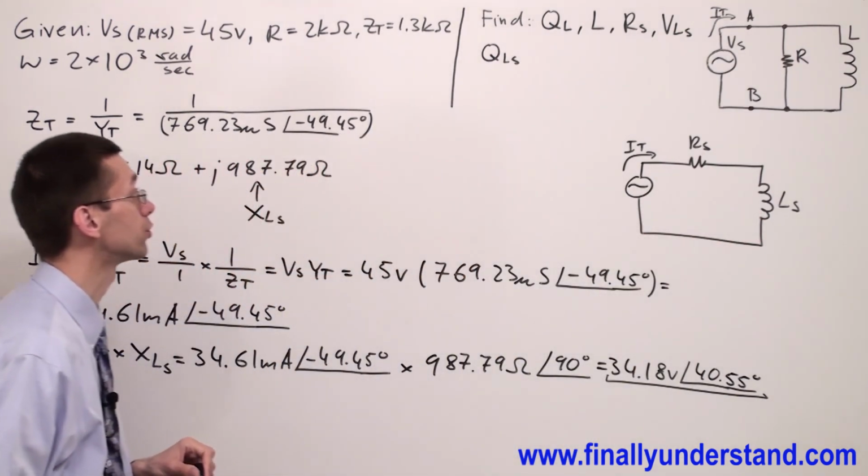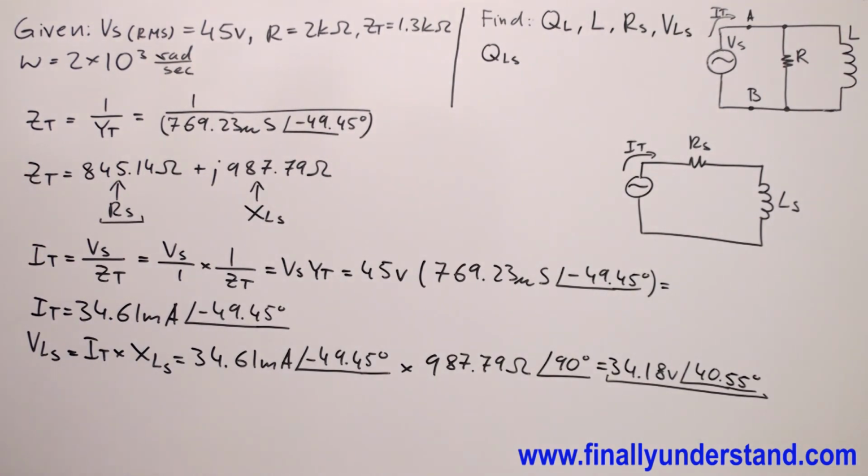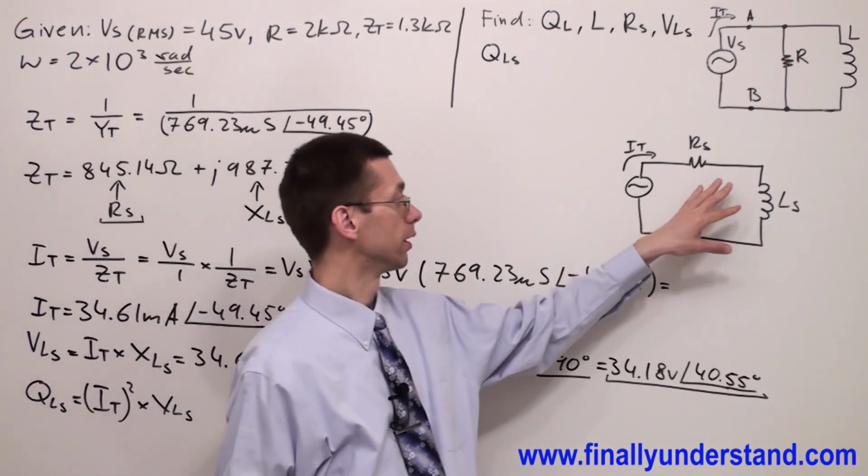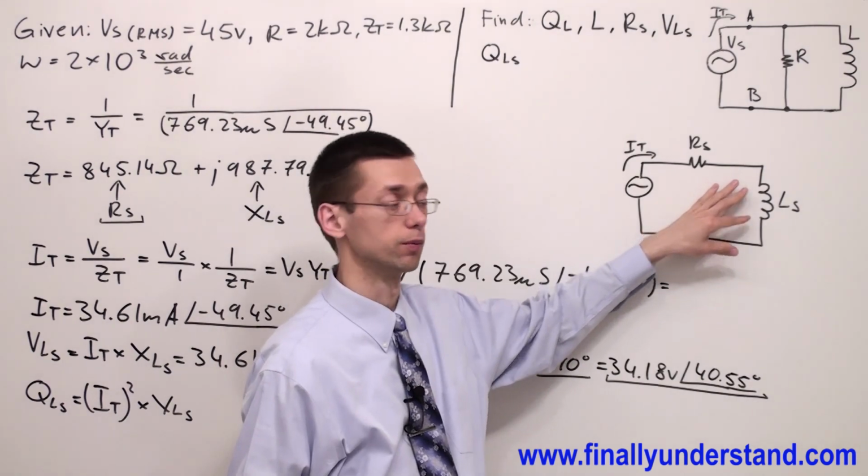Next, I'm supposed to find the reactive power QLS. Okay, so write the formula first. QLS is equal to I total squared times X of Ls. Okay, we are talking about the reactive power in this circuit.